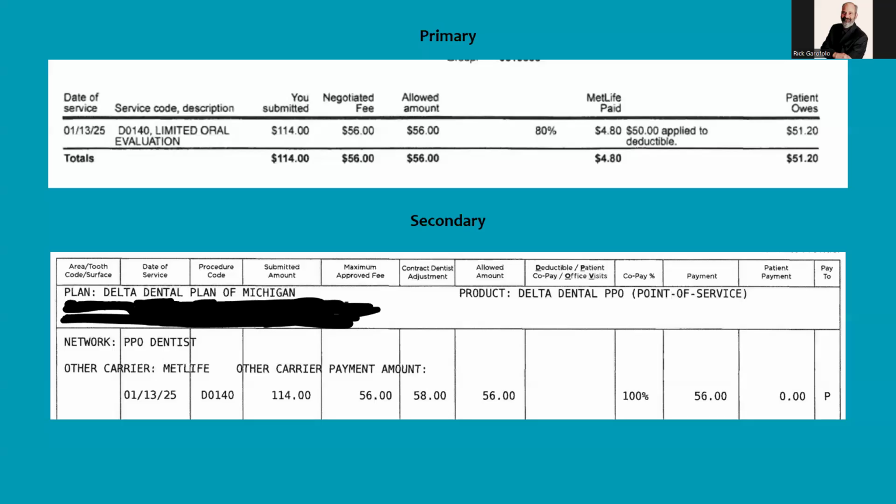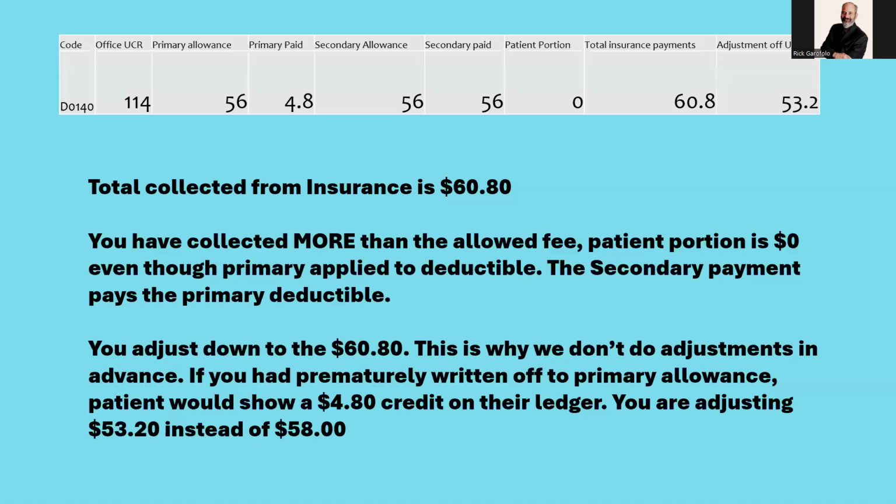But Delta is using the primary's allowance to pay, and as you see, they paid that lower allowed amount of $56. So now we go to the secondary insurance calculator.